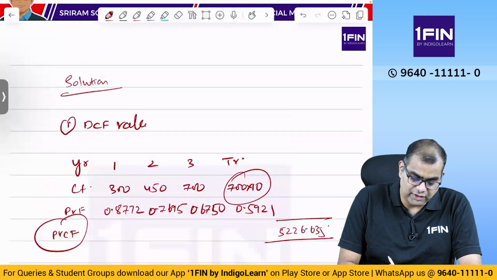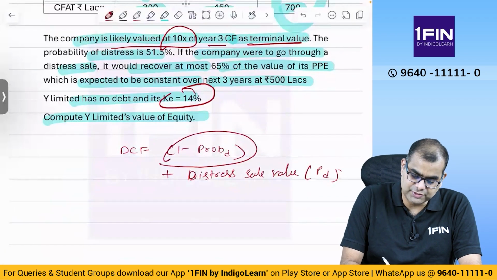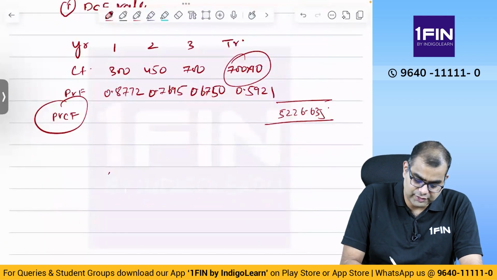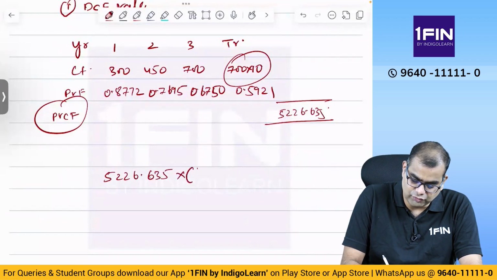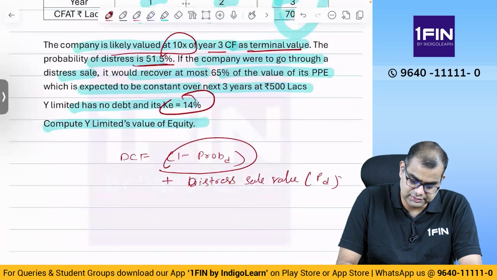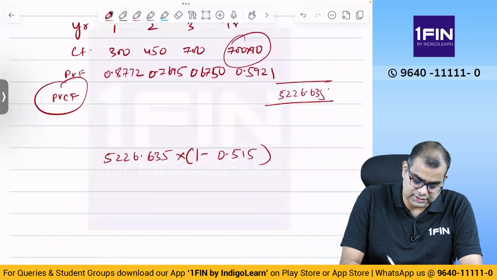Now, what is our formula? DCF into 1 minus probability of distress. What is the probability of distress? 51.5. So, 5226.635 into 1 minus 0.515, right? 51.5, yes. This is DCF. This is the probability of distress.